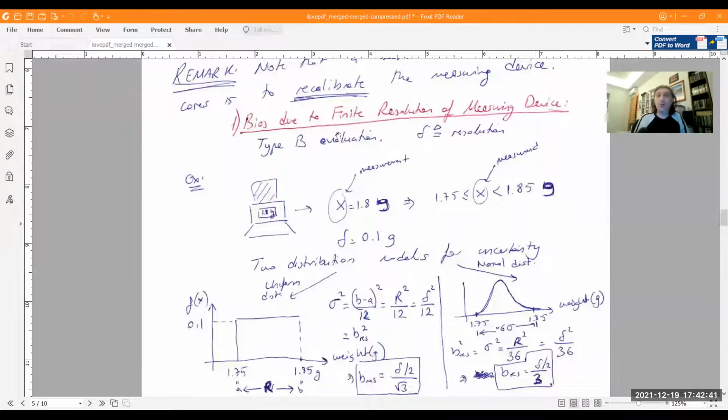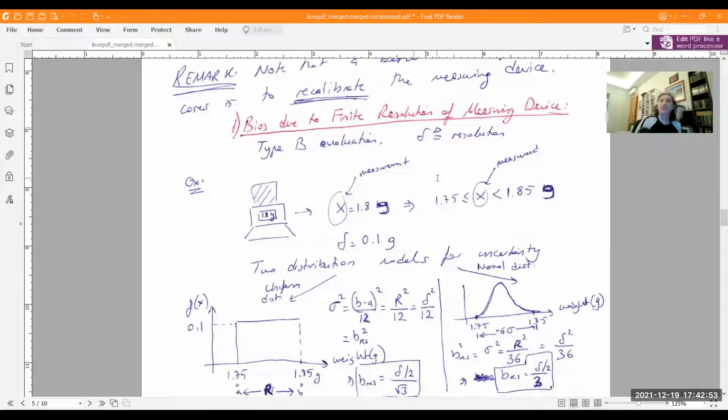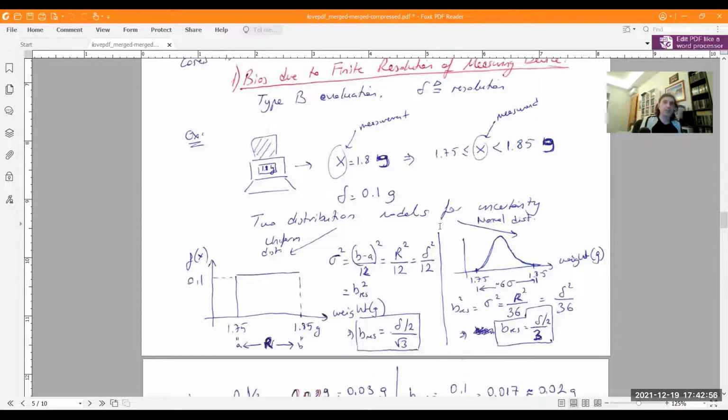The first and the most obvious uncertainty comes from finite resolution of measuring devices. And this is a type B evaluation totally. Let's call this delta to be the resolution of any equipment. What do I mean by resolution? Let's say that you have a laboratory balance here, you weigh something and it shows 1.8 grams.